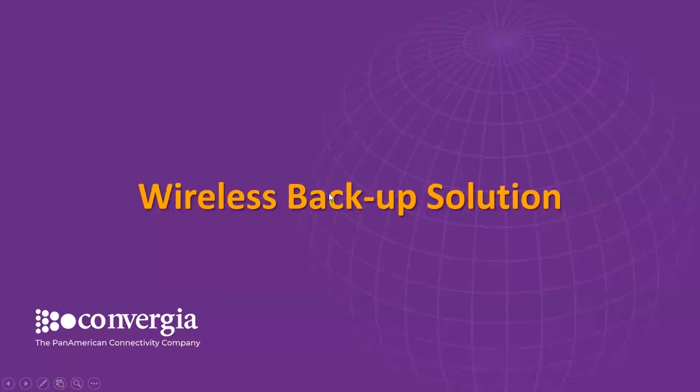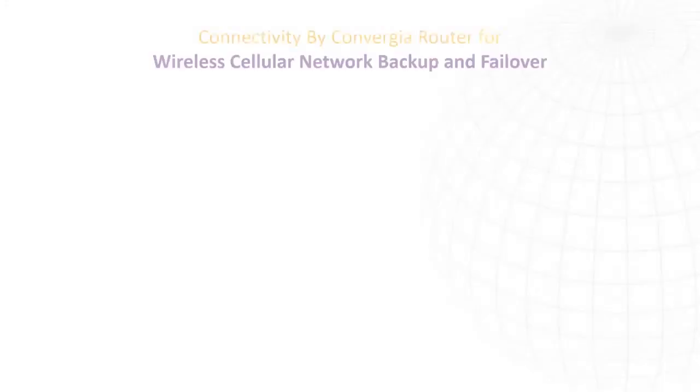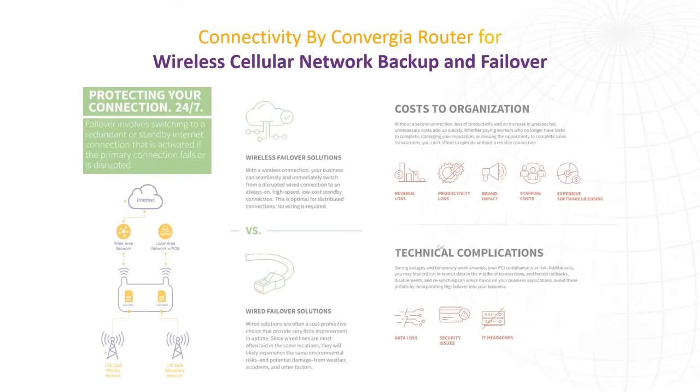This is a typical use case I want to share with you, called the wireless backup solution. And this is built on the foundation of the CxC connectivity. So what is it exactly? It's a wireless cellular network backup and failover.